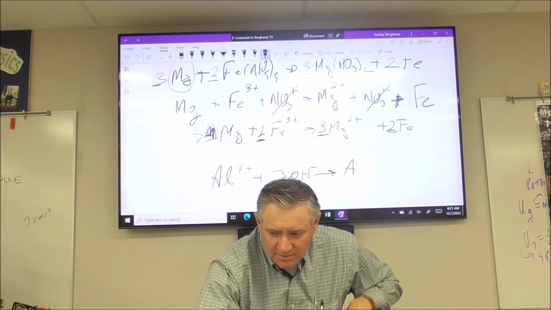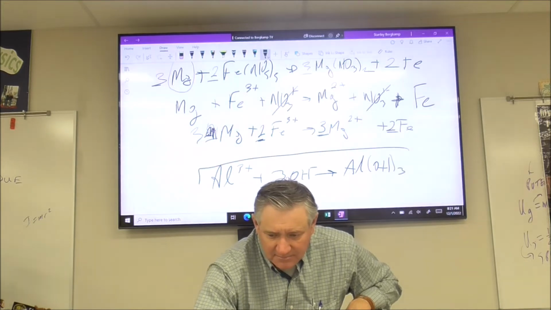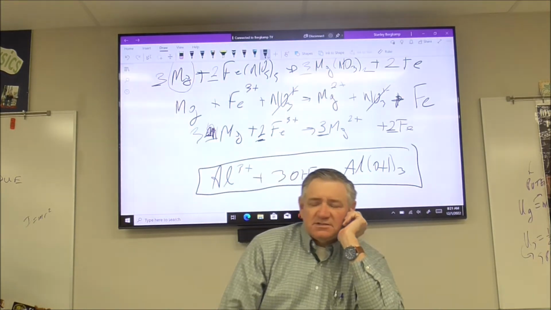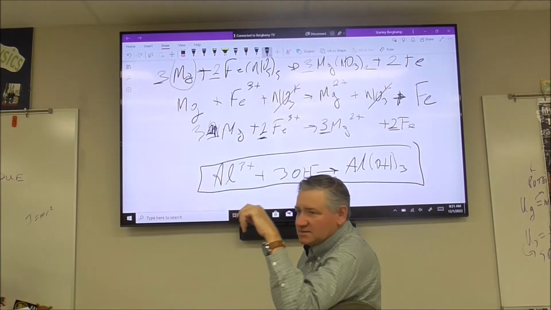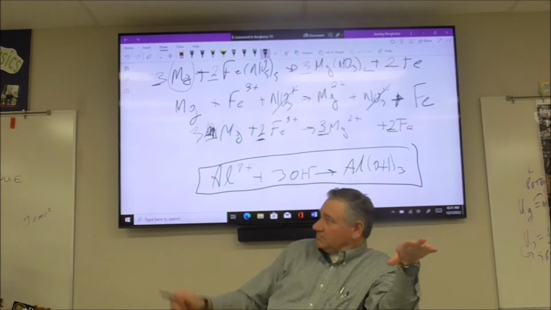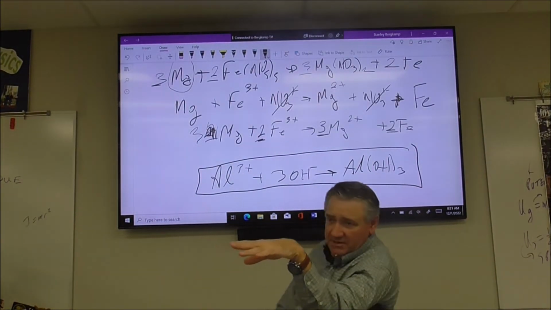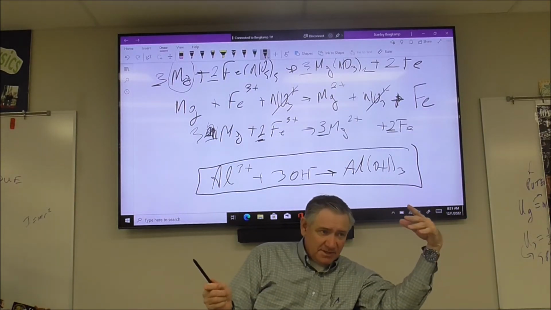This is what your net ionic should be like because you produced aluminum hydroxide. Okay? So here's the deal. In this situation, you want the sum of the oxidation numbers to add up to equal 0, because you want that aluminum hydroxide to be 0. So both sides have to add up to equal 0.